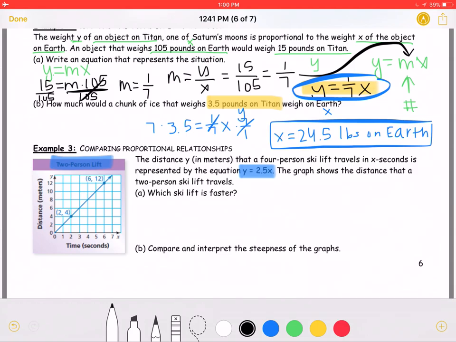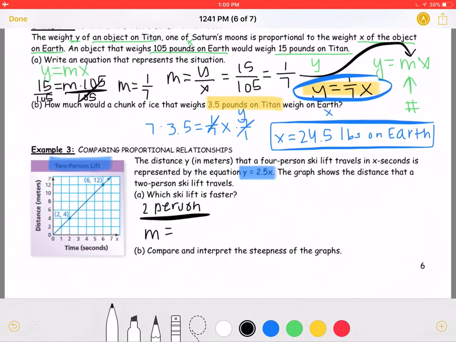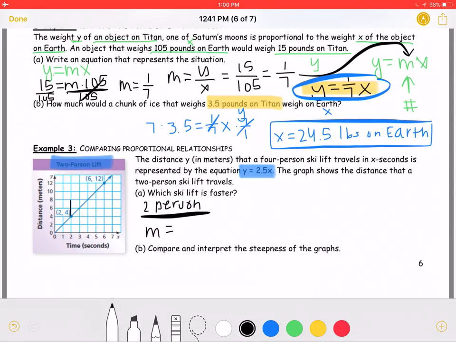So let's take a look at this 2-person lift, the graph. Let's find the slope of that line. Remember, rise over run. So I'm going up, and guys, notice what your y values are counting by. We're counting by 2s actually. So as I go up, I can't just count 1, 2, right?